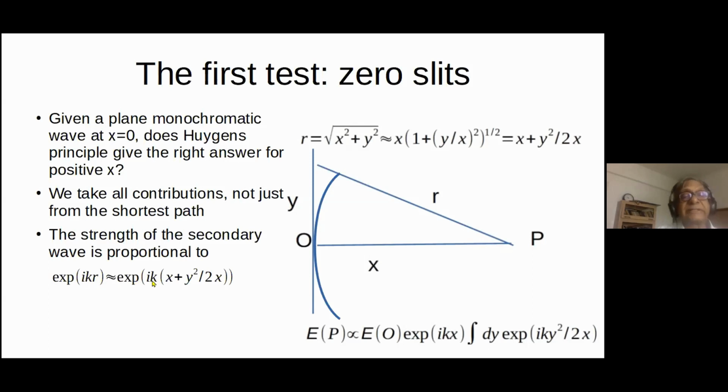The phase of the secondary wave, we are making a kind of paraxial approximation, that y is small compared to x. So it's y squared by 2x. But it's proportional to that. We must fix the factor of proportionality in such a way that we get the correct answer. So this whole thing should end up being 1. After you've pulled out e to the i kx, everything else should be 1.